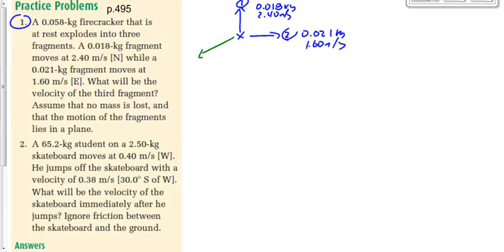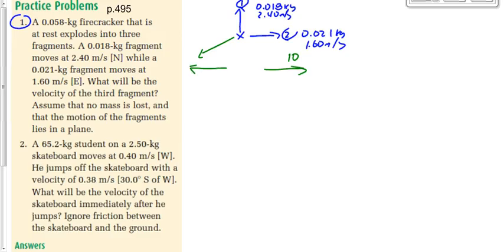Well, the initial momentum of this bomb, or this firecracker, I should say, is 0. The final momentum is 0 on both the x and the y axes. So if the initial momentum is 0, and the final momentum is 0, and this guy has, let's say, 10 units of momentum to the east, well, then there has to be 10 units of momentum to the west to counter that.